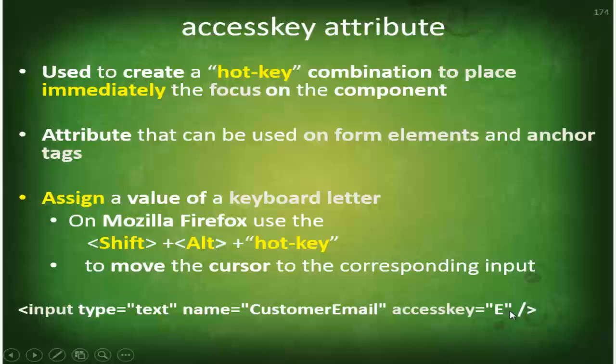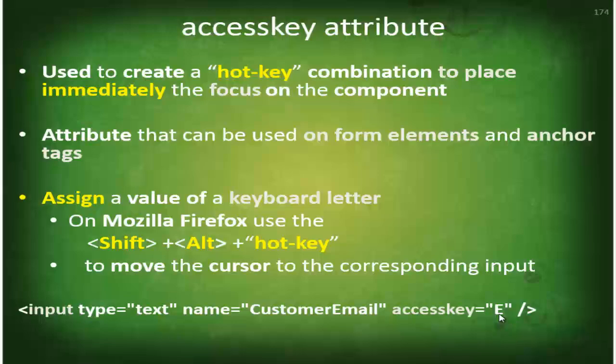However, there is a small problem with the browser Mozilla, that is Firefox. You will have to use Shift, Alt, and the hotkey. For example, the access key specified here is E. If you want to access that input button, then the user has to use Shift, Alt, and E. When you press Shift, Alt, and E, this particular input box will be automatically selected.